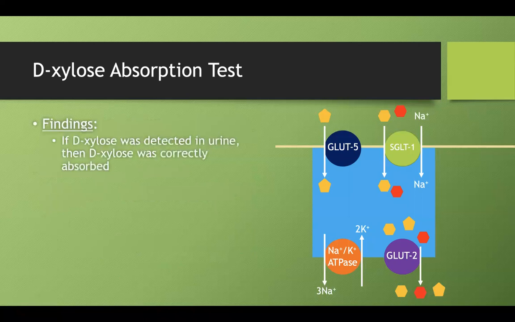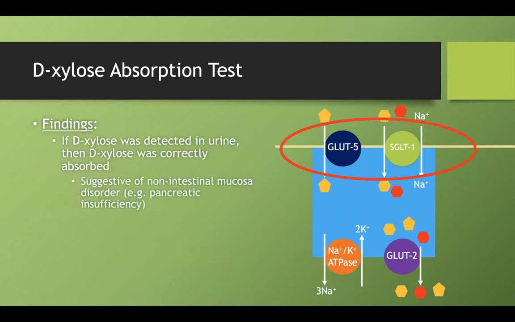And if you measure it in the urine, that means it was absorbed in some capacity. So if you're able to absorb D-Xylose, since the only requirement for absorption is functional intestinal mucosa, we know that this is working just fine. And so if there is some sort of insufficiency or malabsorptive process in this patient, we know it's not because of the intestine, so we should look at other regions.